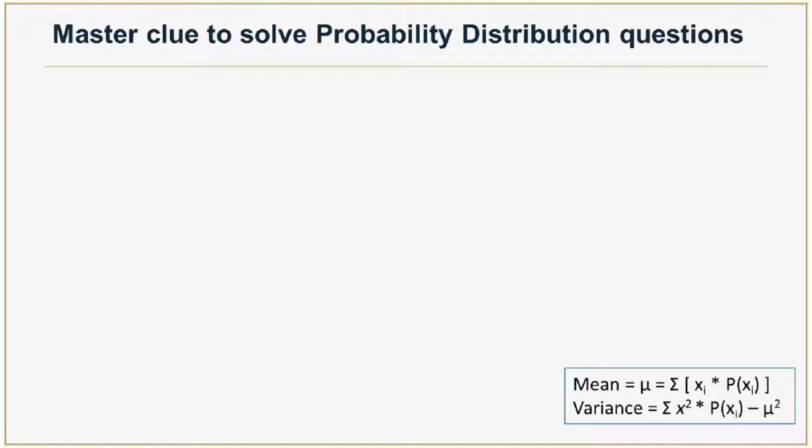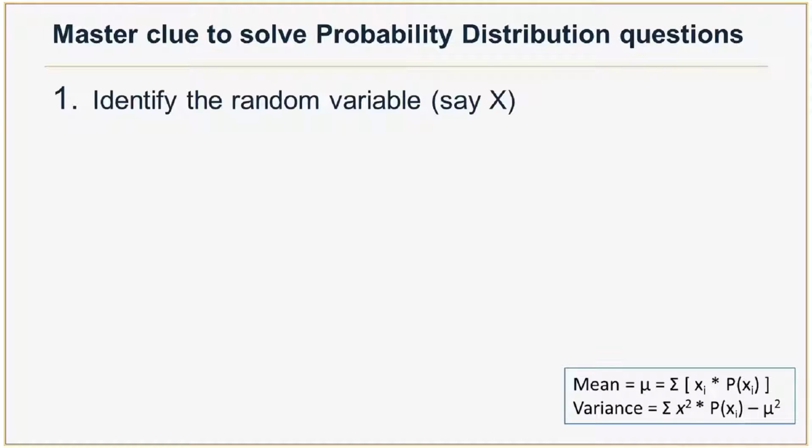First thing, in any given question you have to identify what the random variable is. For example, consider that you are rolling a die. What is the random variable and what values can it assume?